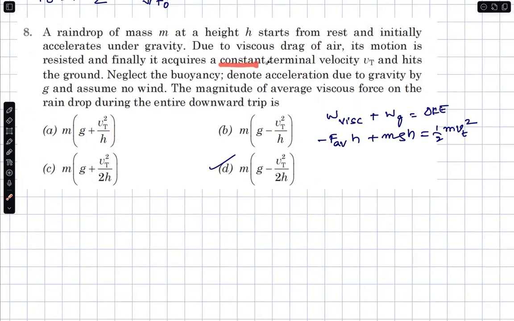This is a fact, actually. Right. And hits the ground. Neglect the buoyancy. Denote acceleration due to gravity by g and assume no wind. Magnitude of average viscous force on the raindrop during the entire downward trip is.